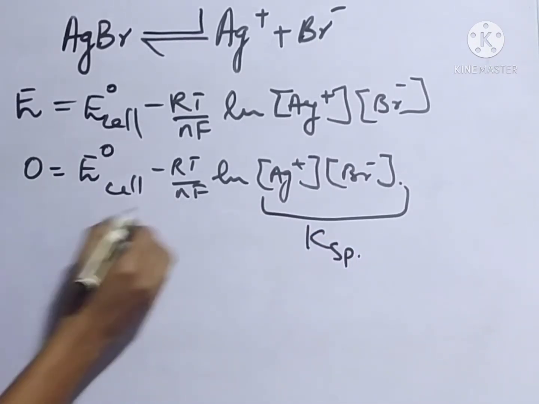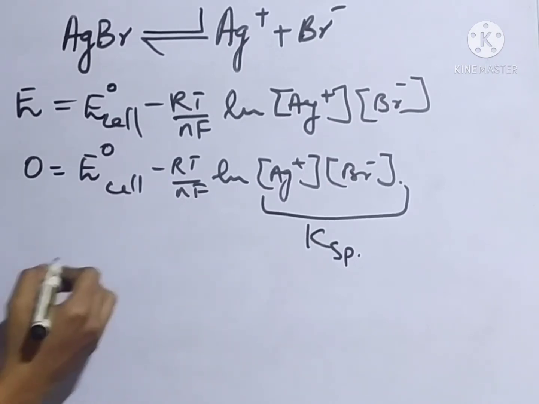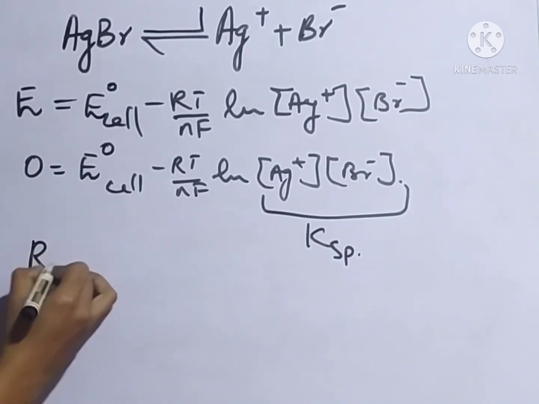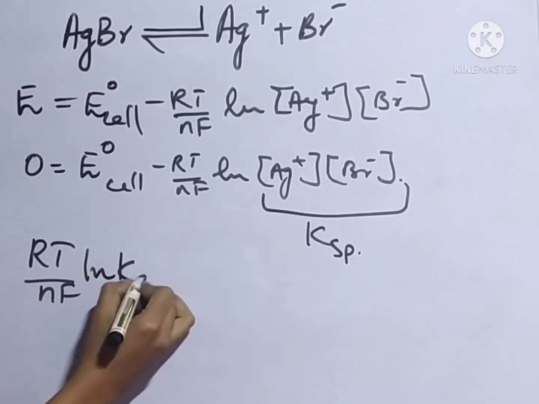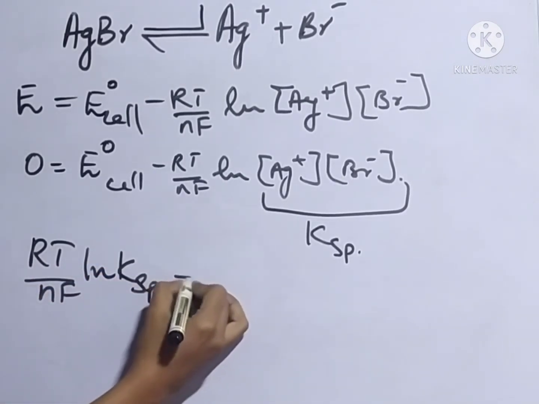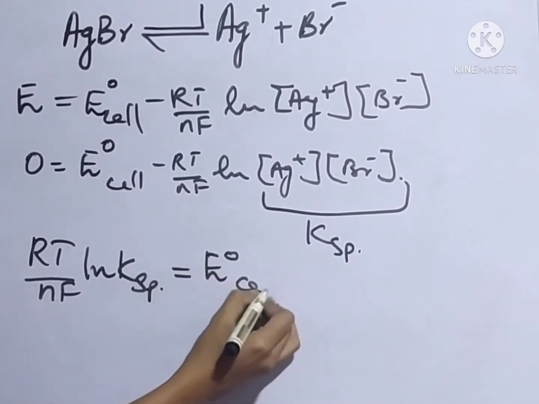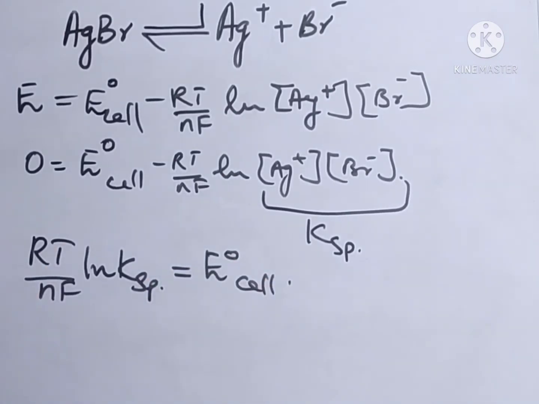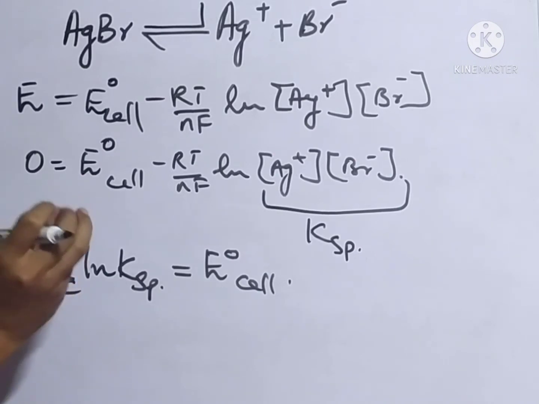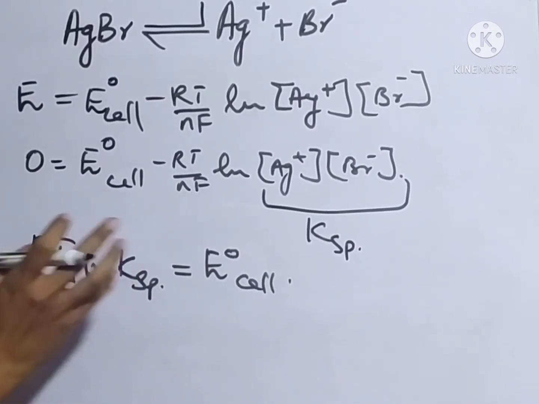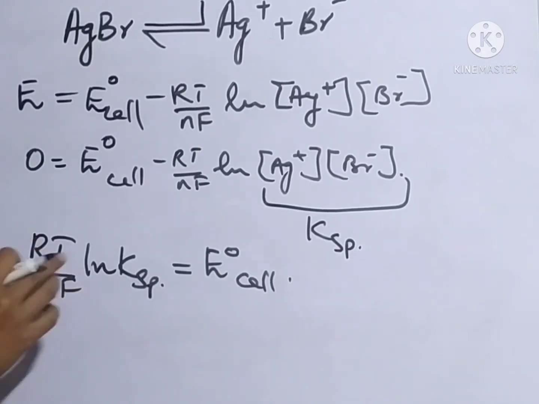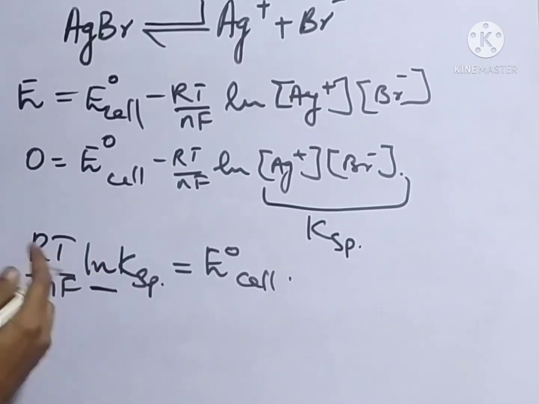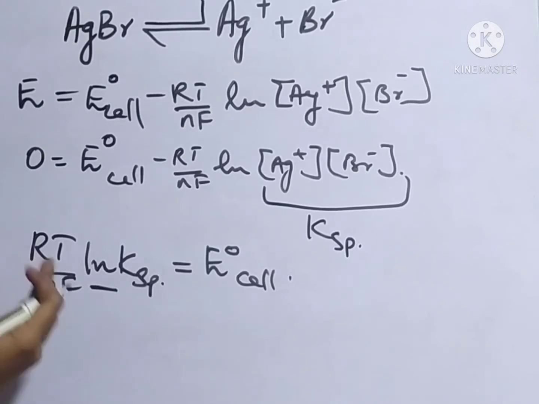Okay. So if I rewrite this equation, I'll get RT by NF Ln KSP equal to E0 cell. Here we are going to calculate the solubility product. So I'm going to bring all other terms into right side. Before that, I'm going to convert this natural logarithm to the base 10.